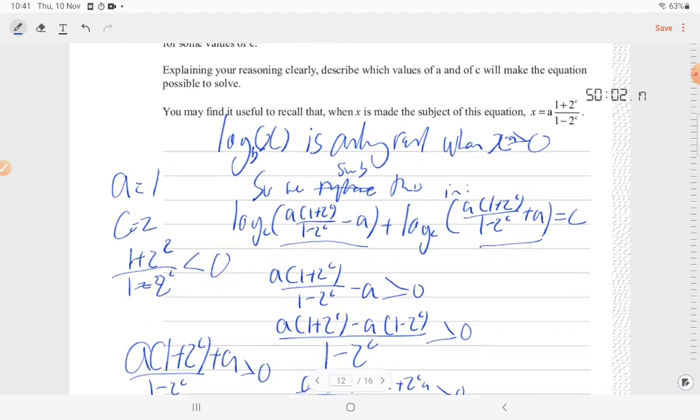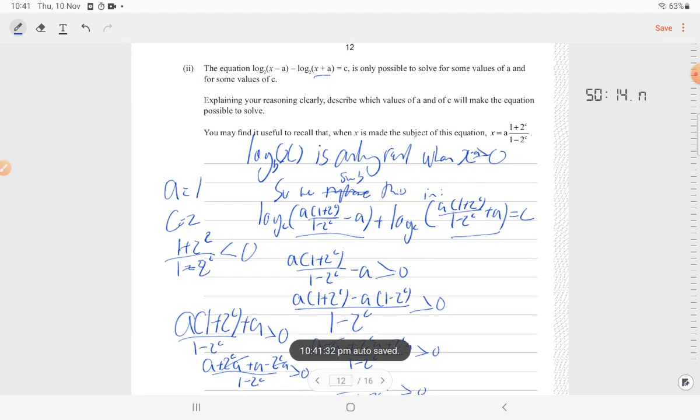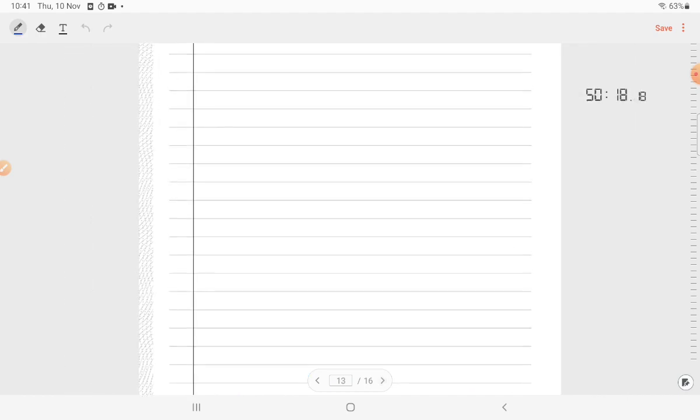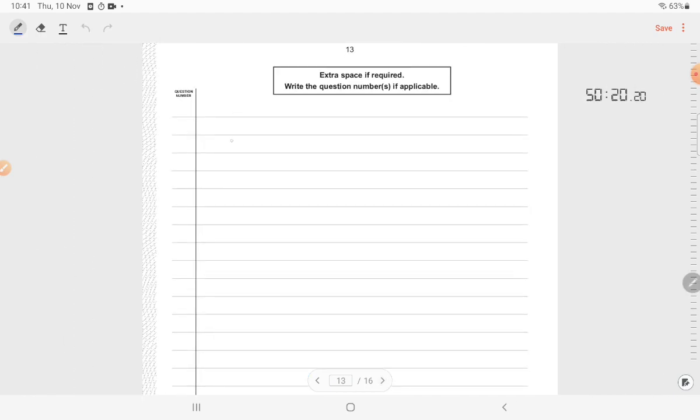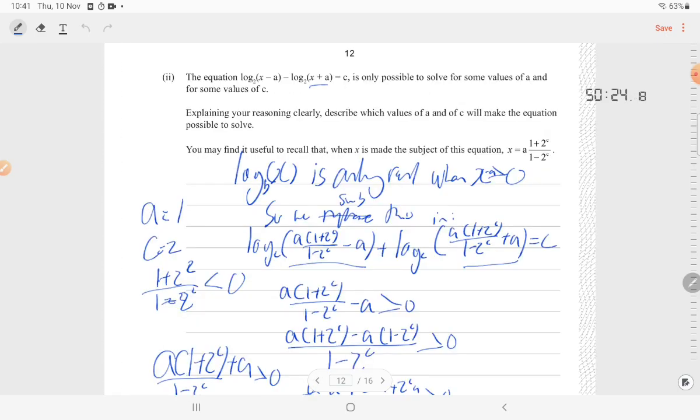Because if a is negative, a brackets 1 plus 2.